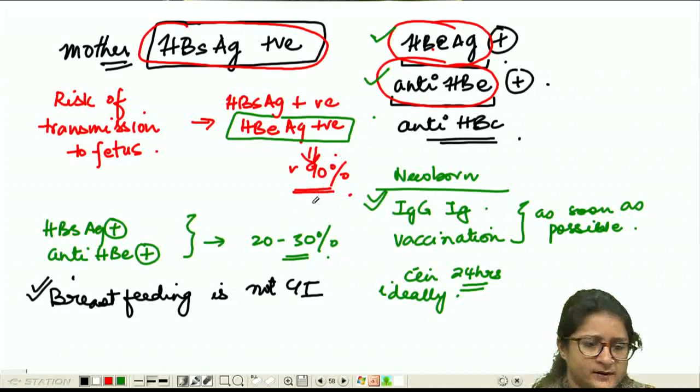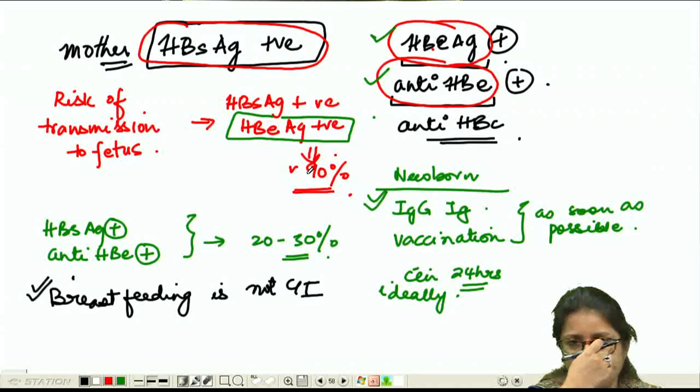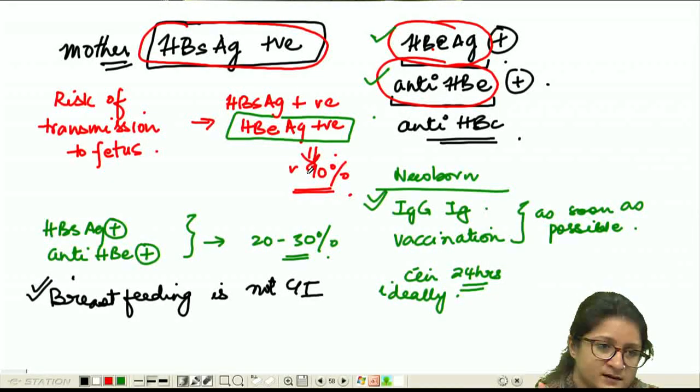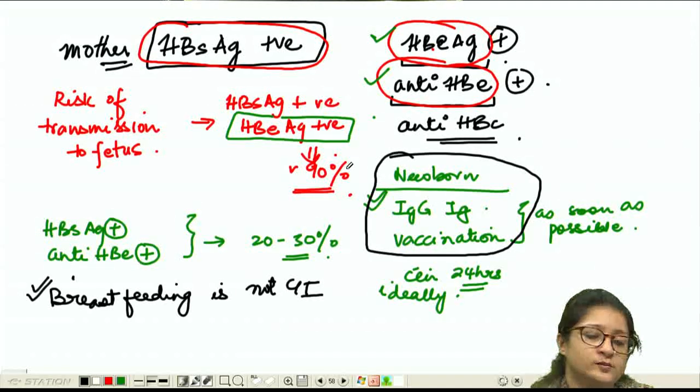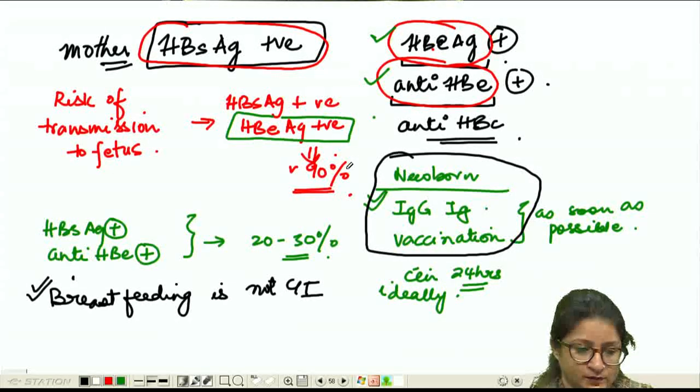Whatever the type of hepatitis, the mother's treatment will depend upon her degree of chronicity for hepatitis B infection. The newborn will require immunoglobulins and vaccination as soon as possible, and breastfeeding is not contraindicated.